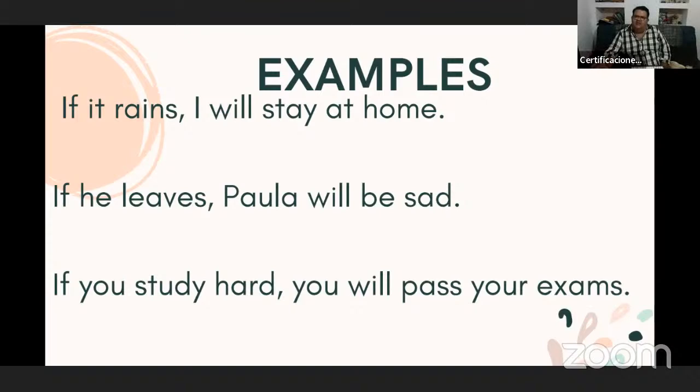You can talk about, for example, the rules in the school. If you are late, you will have problems with the teacher. Or if you don't do your homework, you won't learn much. That's the situation that I want you to imagine and to think in what situations you can use this grammar. Understand my point?